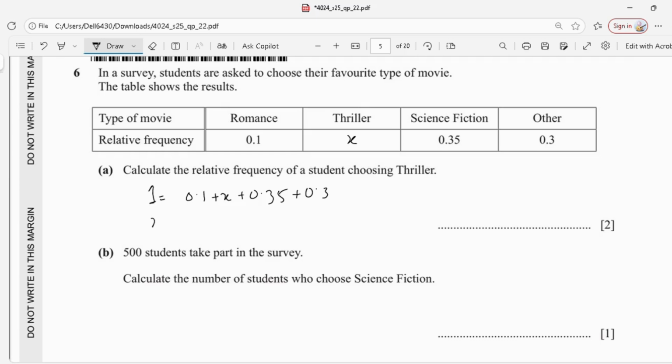We will shift it here. So it will be 1 minus 0.1, 0.35 and 0.3.